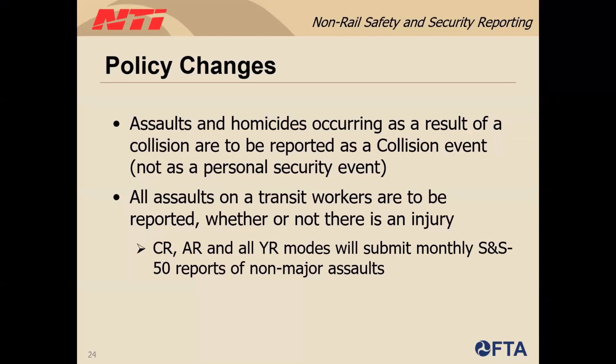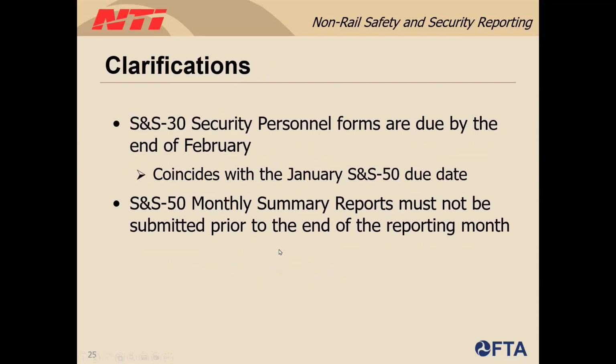This change in the collection of assaults on transit workers is also in effect for commuter rail operations as well. This means that our commuter rail reporters, the Alaska Railroad, and all of the hybrid rail modes will now complete monthly SNS 50 summary reports in addition to the major events they already report. These clarifications to the SNS 30 and the SNS 50 form are not new.